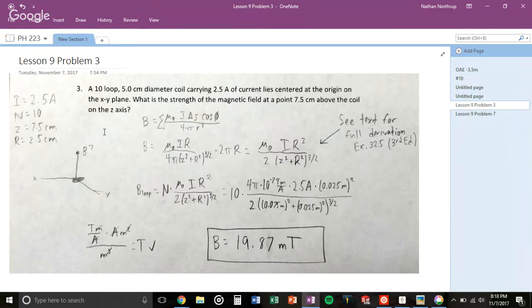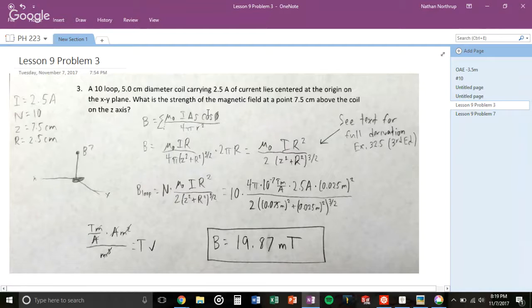So that's what we are working with, and we decided to start out with the Biot-Savart law. So the Biot-Savart law, this is kind of a condensed form of it. Normally you'd notice that we'd have I times delta S crossed with R, but in this case, we'll form a relationship with cosine of the angle between them.